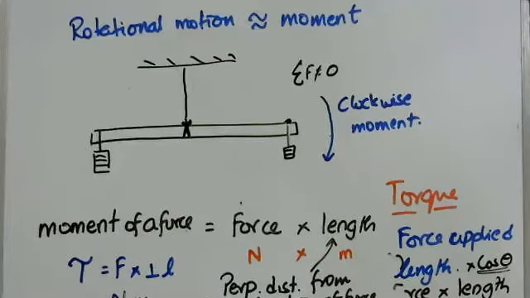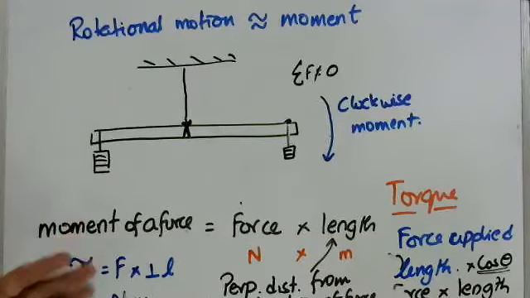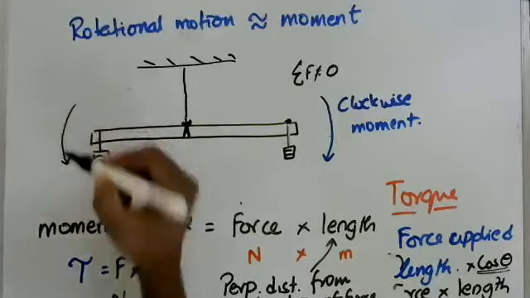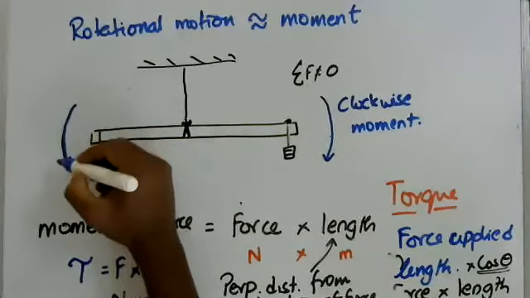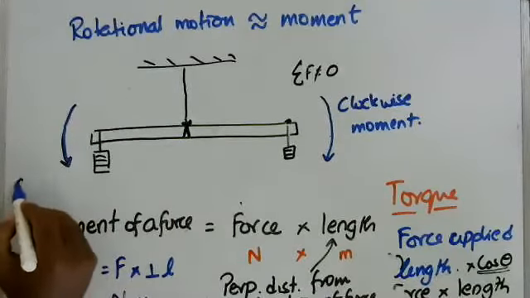What will happen? Obviously, the heavier weight will start rotating downward. The side in which the weight is heavier, there is going to be a moment in that direction. So in this case, the weight will cause it to rotate in this direction. Sorry, I used a different color. And therefore this will be what you call an anti-clockwise moment.